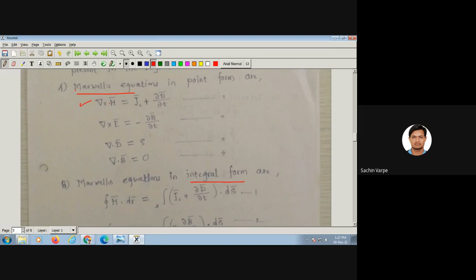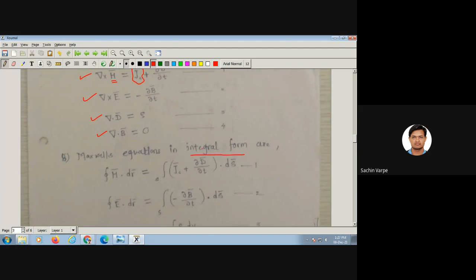Del cross H bar is this. Actually, J C is the current flowing through the circuit. Del cross E bar, E bar is the electric field. H bar is the magnetic field intensity. D is the dielectric flux, I think. Del dot D bar, del dot B bar. These are the terminologies.